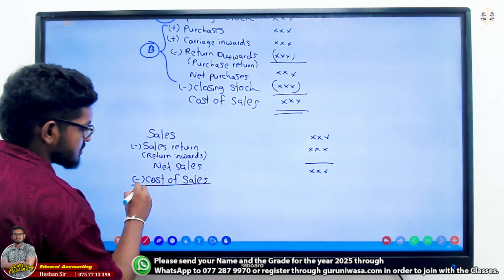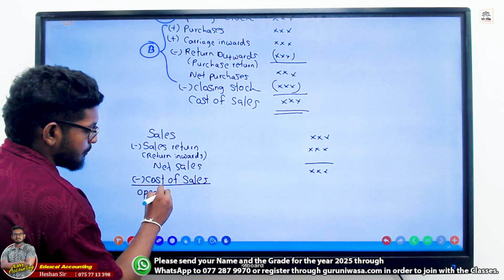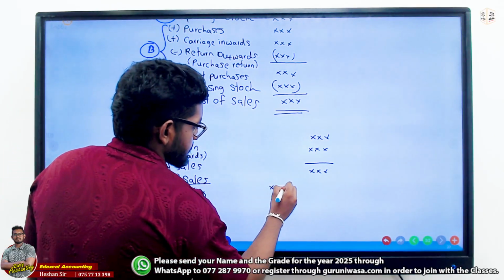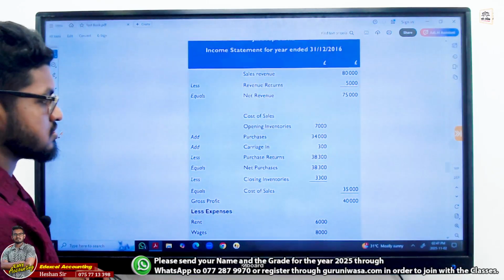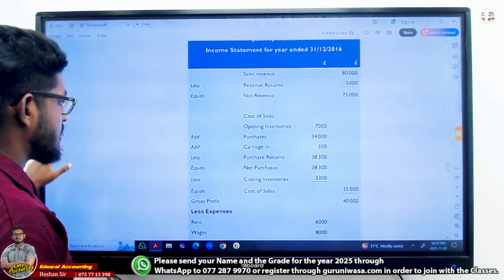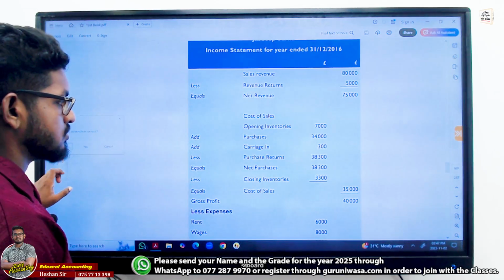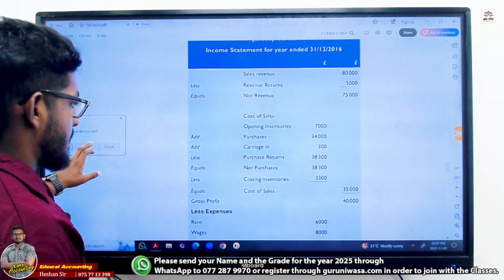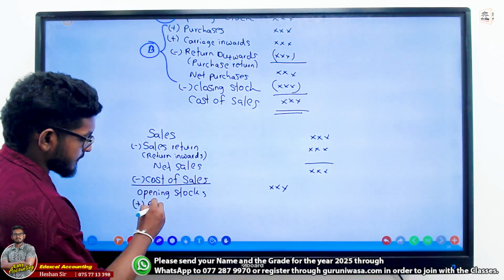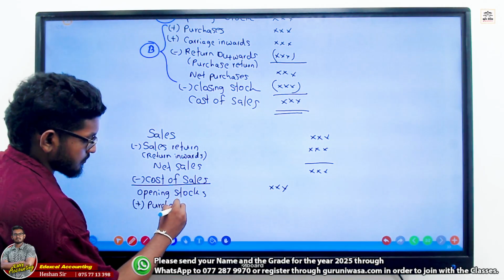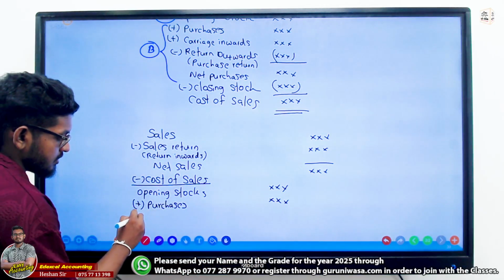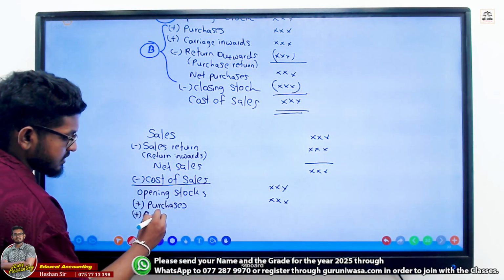How to calculate cost of sales? First we take the opening stocks. Then we add purchases. Then we add carriage inwards.